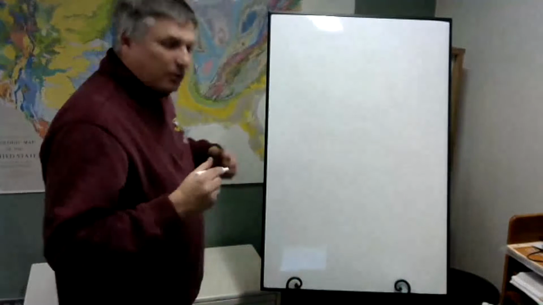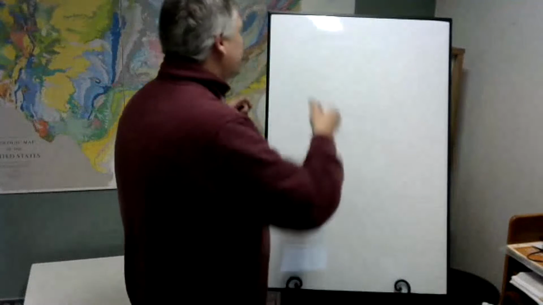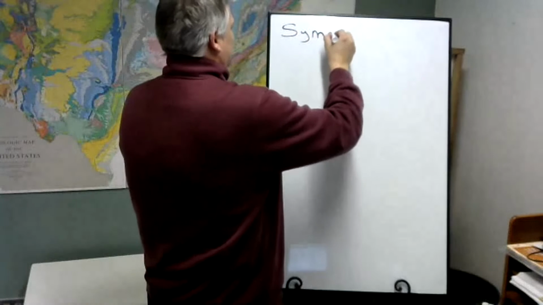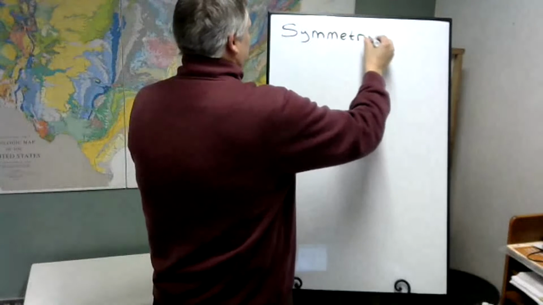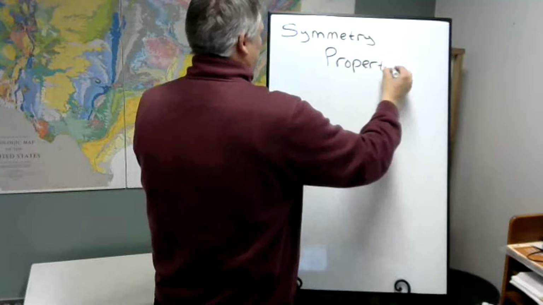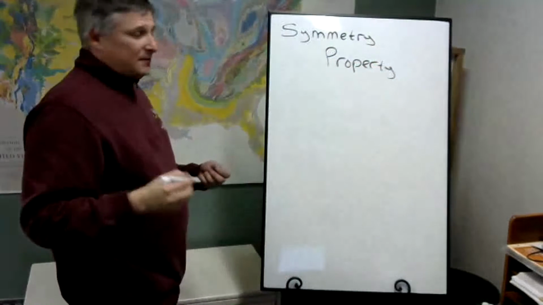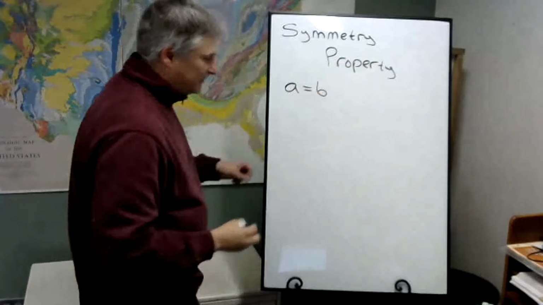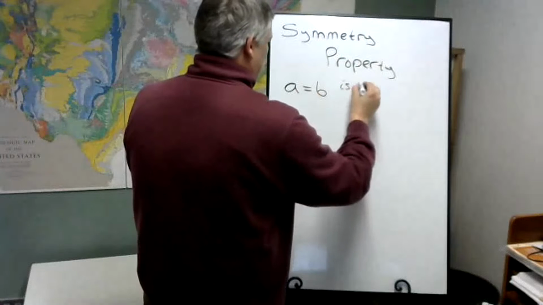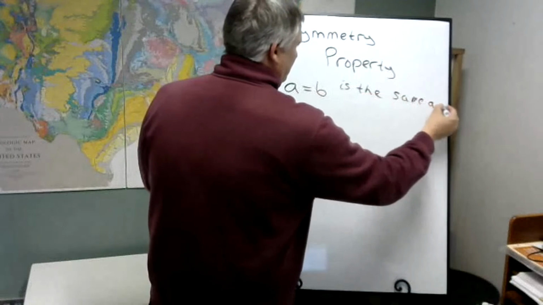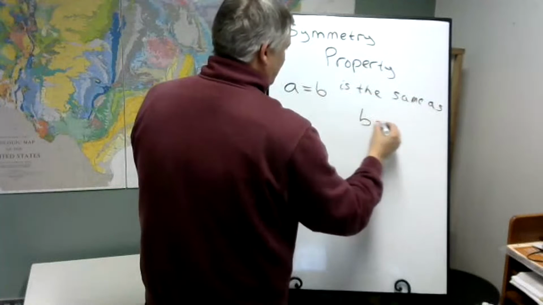So finally, in 1.5, there's what's called the symmetry property. And what this says is, a equals b is the same as b equals a.